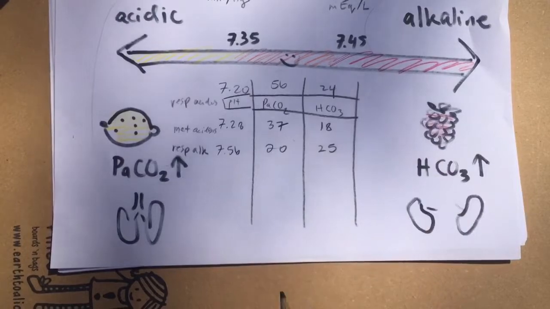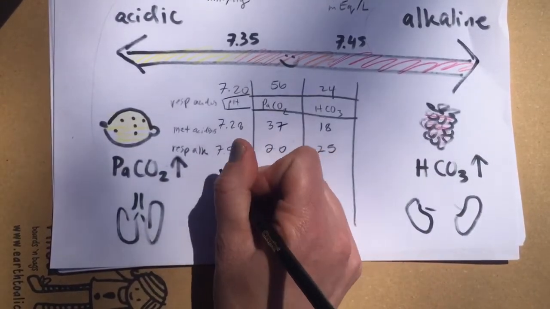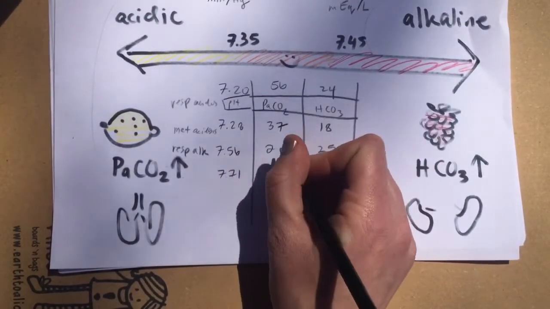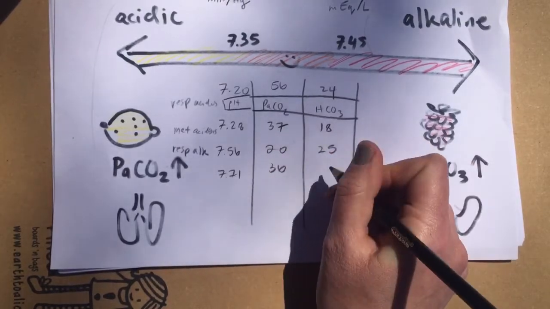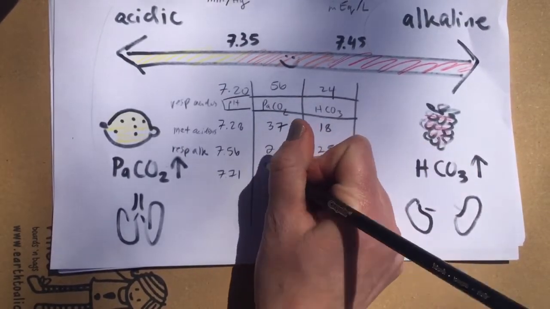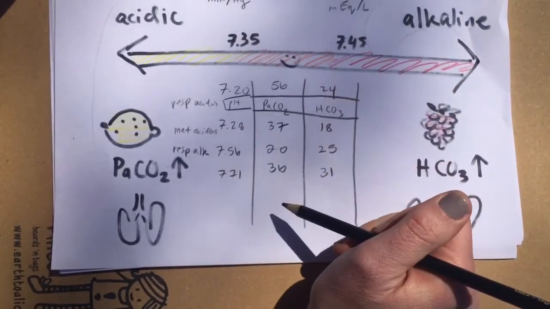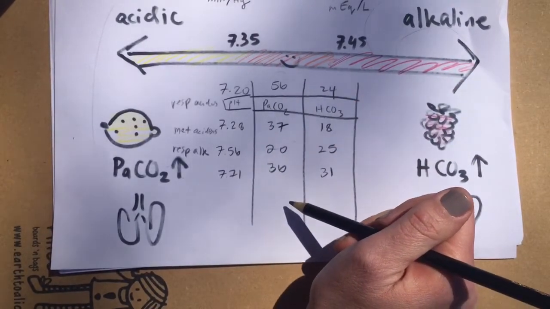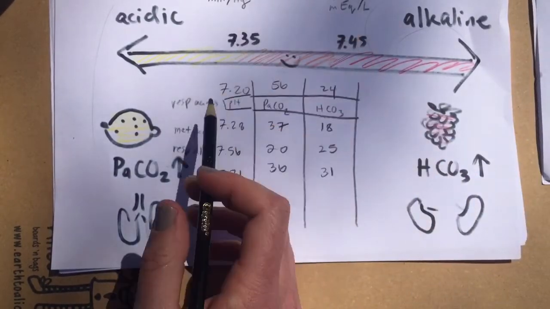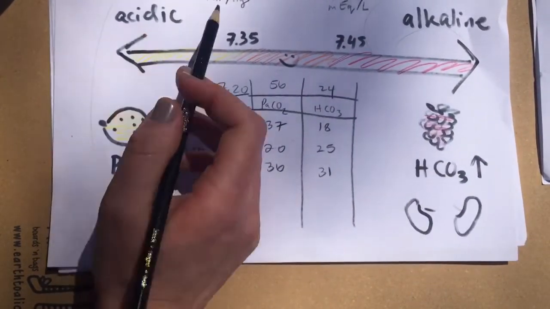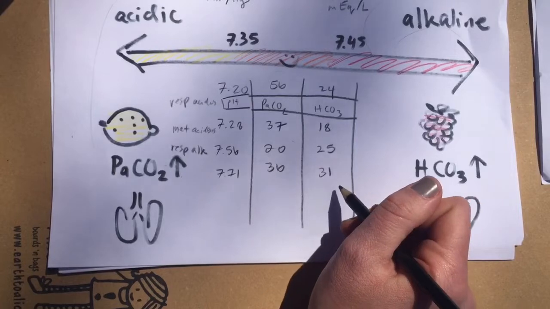We'll do one more. I'm sure you can guess what it is. 7.71, PaCO2 36, HCO3 31. Okay, so 7.71, again, we're falling on the alkaline side. 36 is our PaCO2, and that is normal, so don't even worry about that right now.